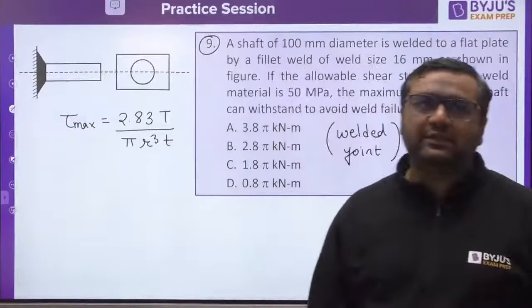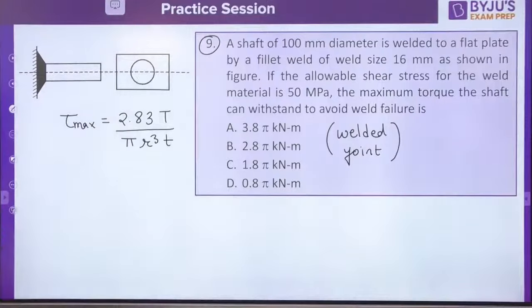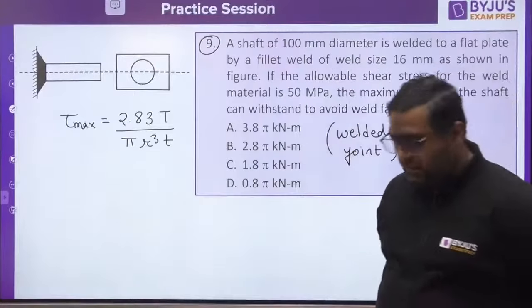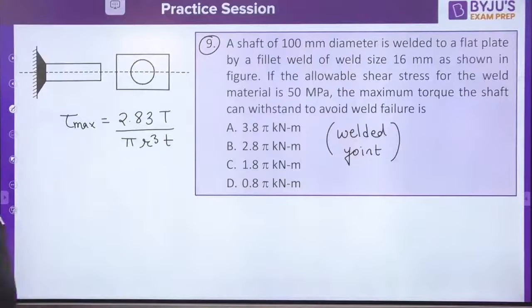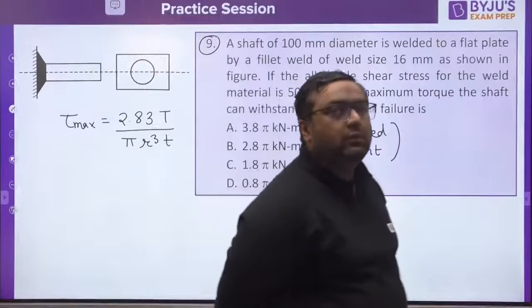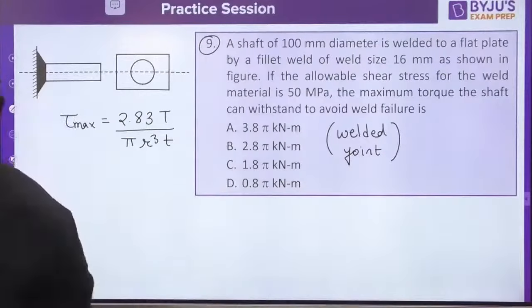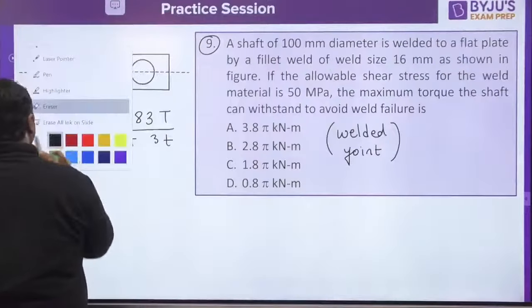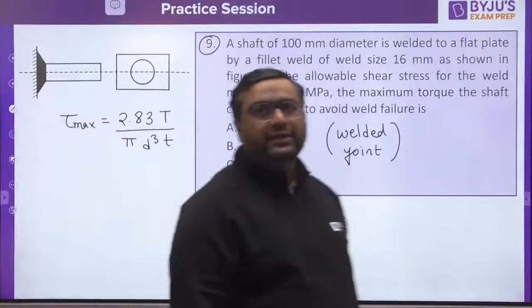So what would be the answer for this? What would be the answer, guys? Yes, pi d cube T. Sorry, it was pi d cube T. Pi d cube T. Good. Loga Vignesh.